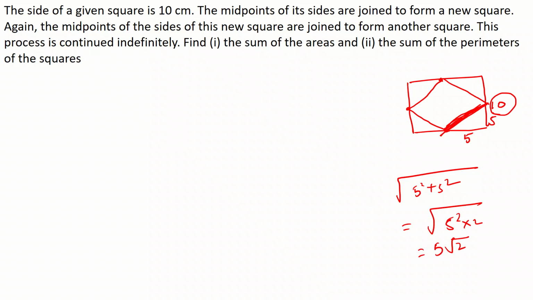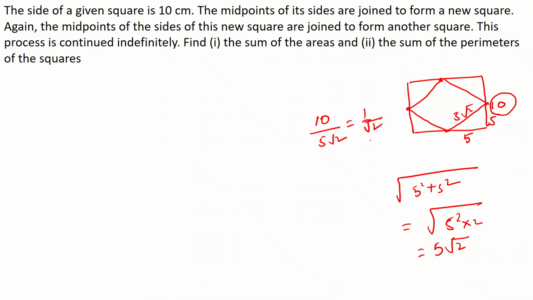So for this inside square my side is 5 root 2. What is the relation? The relation is that every time I do it, 5 root 2 by 10 just turns out to be 1 by root 2.